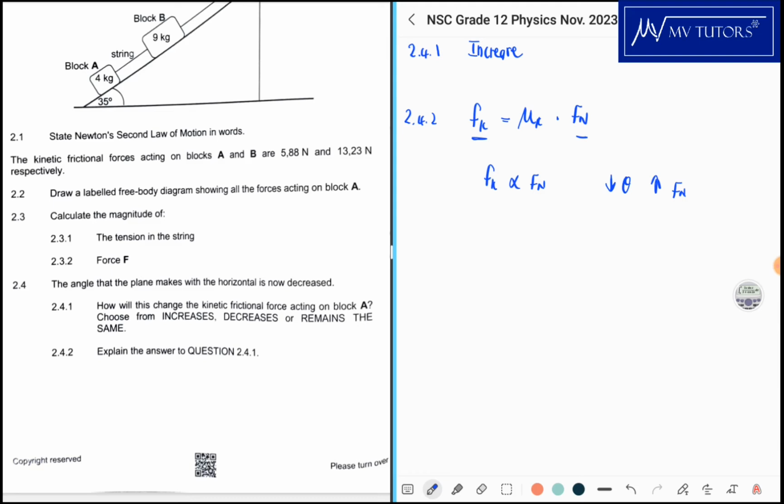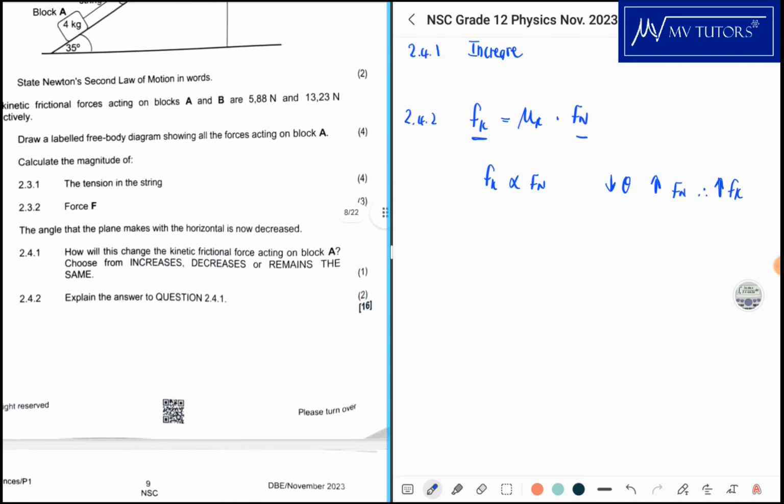Okay, because your normal force is equal to the perpendicular component of your gravitational force. So as a result, decreasing the angle will increase your normal force, which will in effect increase your frictional force. Okay, I hope you followed and you saw. All right, so that is that, and we are done with question 2.